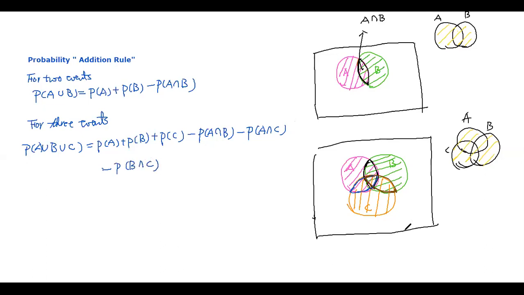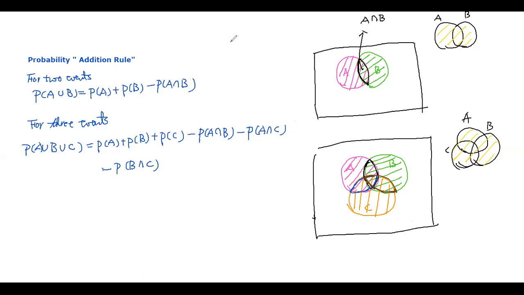But as you see here, the first common area, AB, you minus out is okay. But in here, you minus this one out and you minus this one out. Did you see what happens?